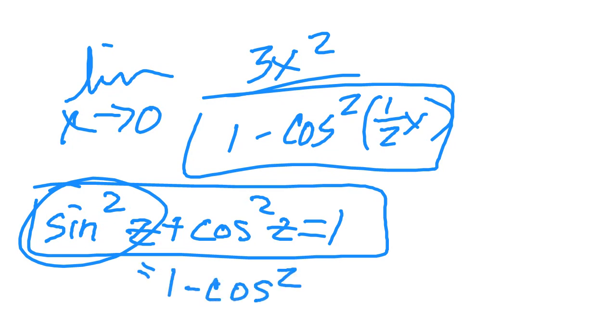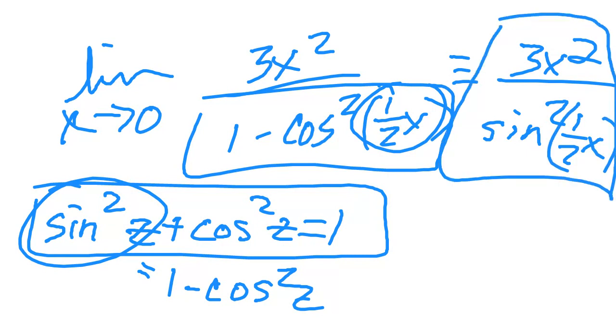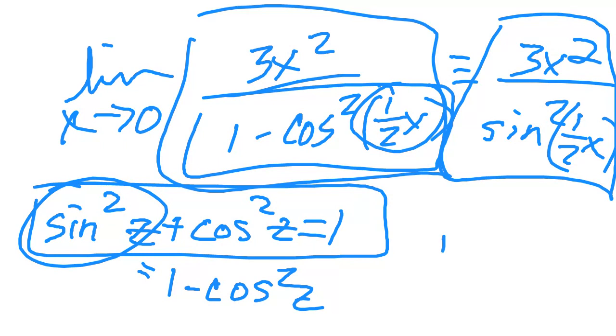In this case, my z is 1/2 x. So I can rewrite this as 3x squared over sine squared of 1/2 x, using my trig identity.